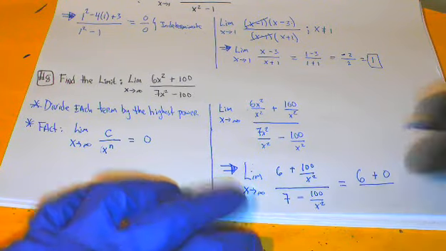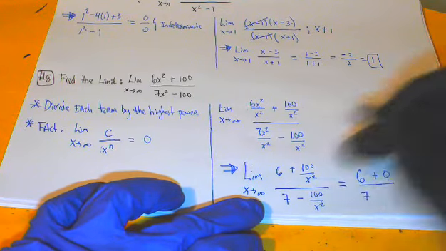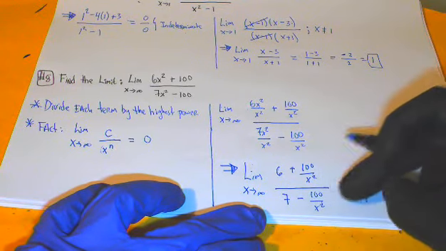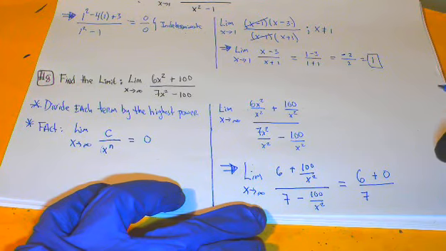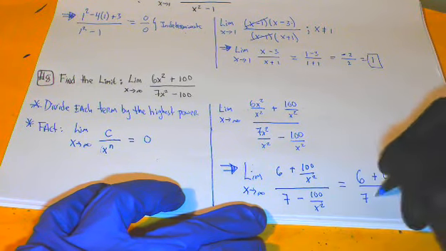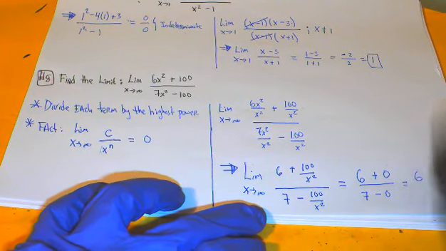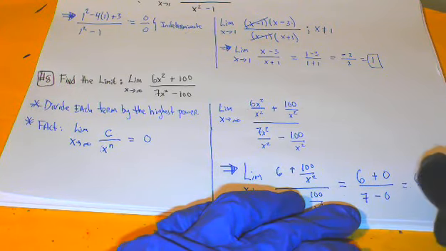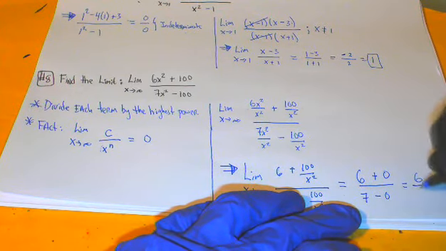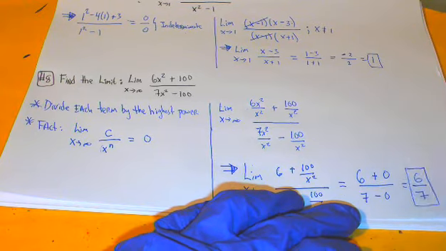Divided by the limit of 7, which is 7, minus the limit of 100 over x squared, which is 0, so I have 7 minus 0. Now I just simplify. 6 plus 0 is 6, divided by 7 minus 0, which is 7. So your final answer is going to be 6 over 7.